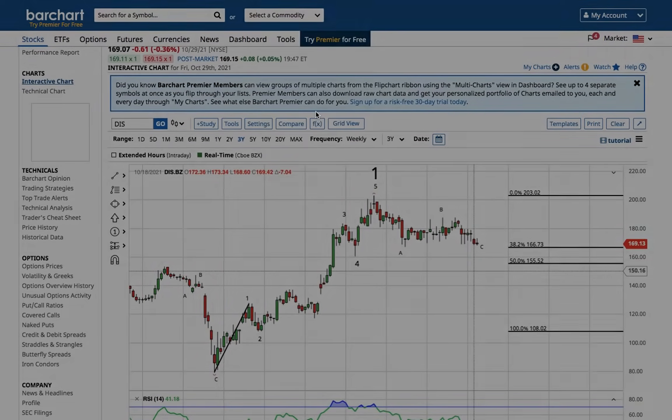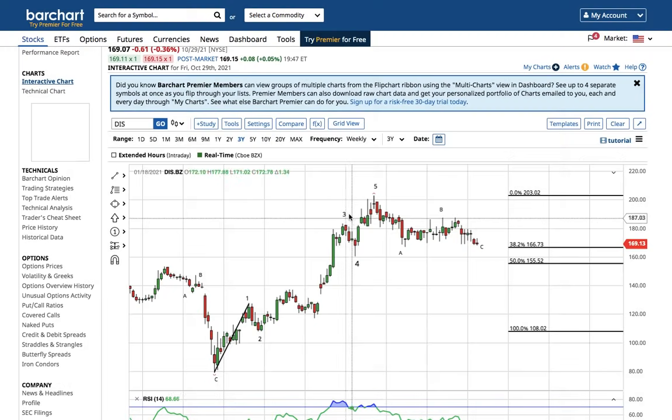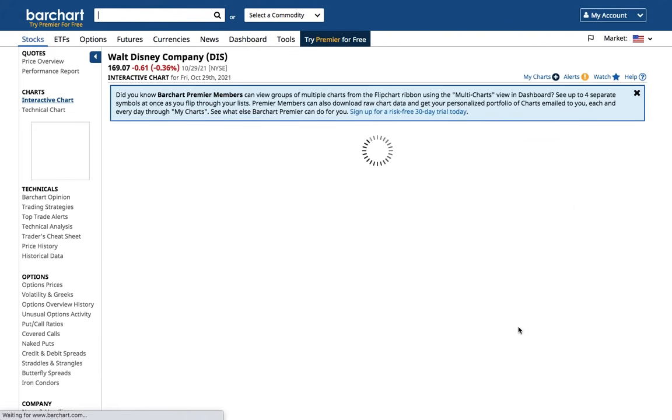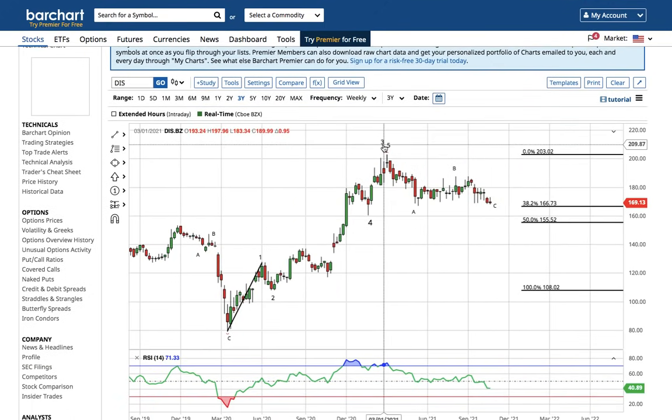Until it does, and I don't think it will, I think we have to be safe and say that this is still a 1, 2, 3, 4, 5 waves impulse in progress, and that this ABC correction ended wave 4 at 166. We're going to expect a wave 5 higher that's going to be at least the length of wave 1, placed at the wave 4 low.